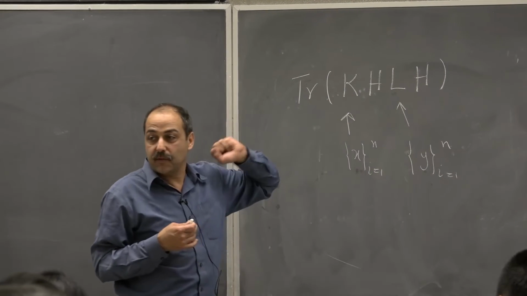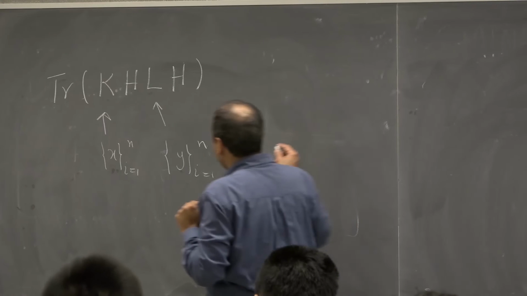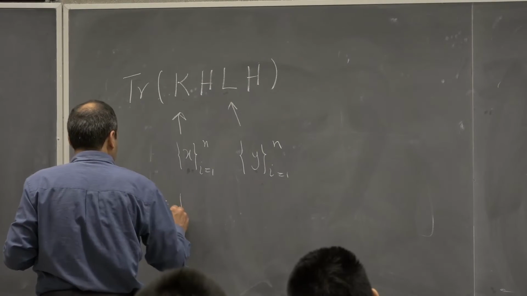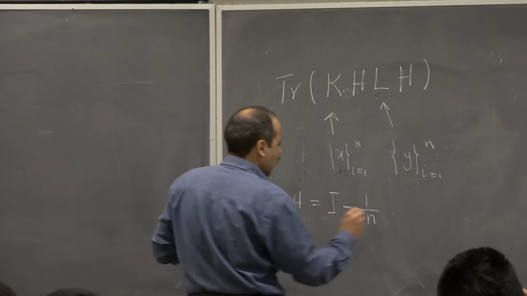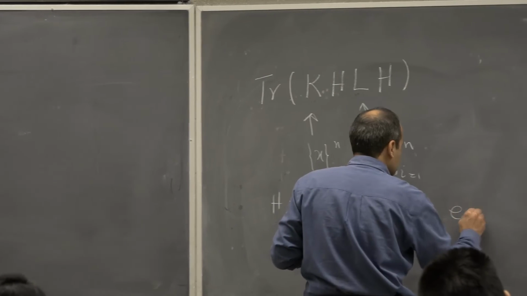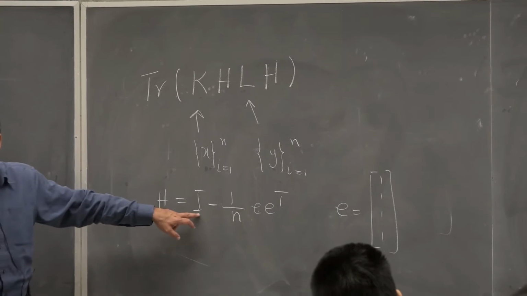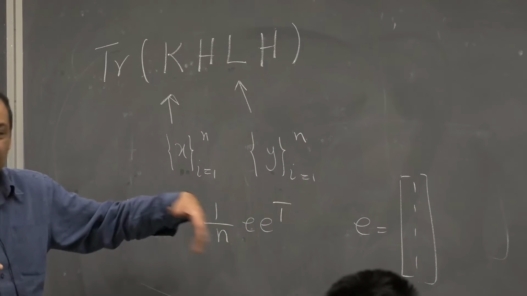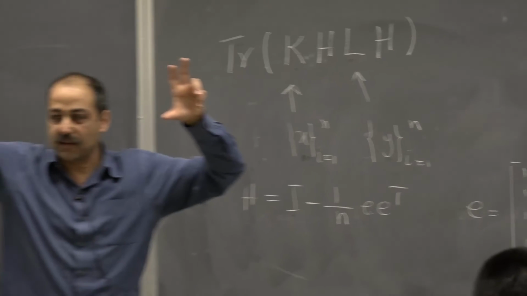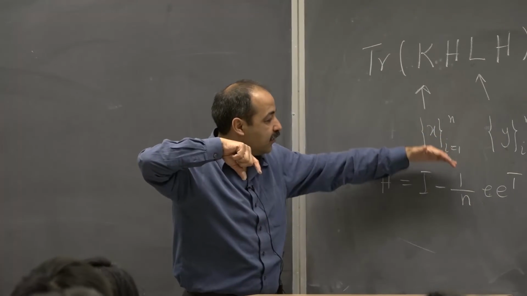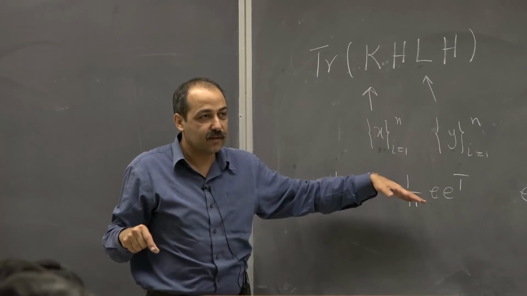Then I can compute basically this trace. And H here is a constant matrix. It's the identity minus 1 over n E E transpose, and E is just 1, 1, 1, 1. So E E transpose would be an n by n matrix full of 1s, divided by n, the number of data points.